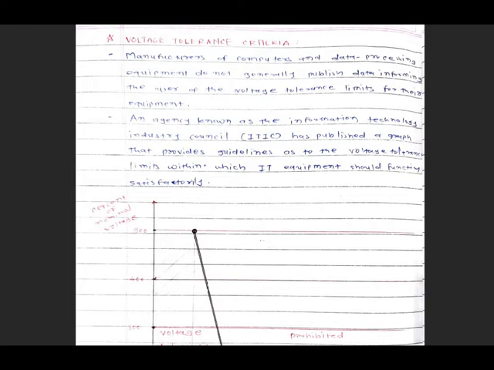So, an agency known as the Information Technology Industry Council (ITIC) has published a graph that provides guidelines as to the voltage tolerance limits within which IT equipment should function satisfactorily.